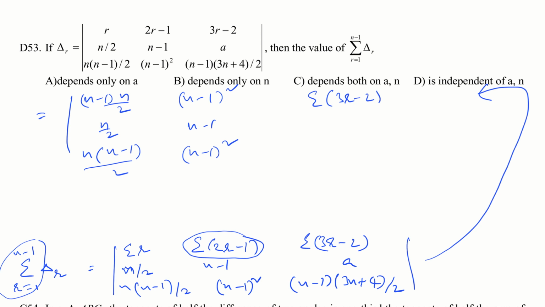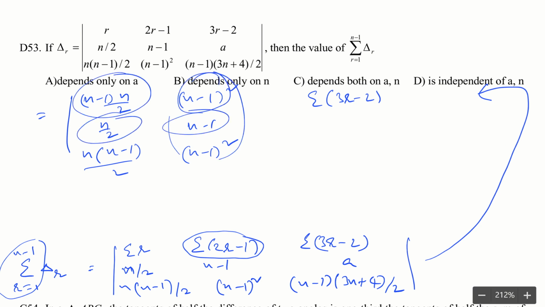Now you can see that if I write the second column by first column, I mean this entry by this entry, this entry by this entry, everywhere the ratio is n minus 1 by n by 2, for the first pair, the second pair, and the third pair. That means the columns are proportional. That means the value of the determinant is 0. As the determinant is 0, it means it is independent of both a and n.